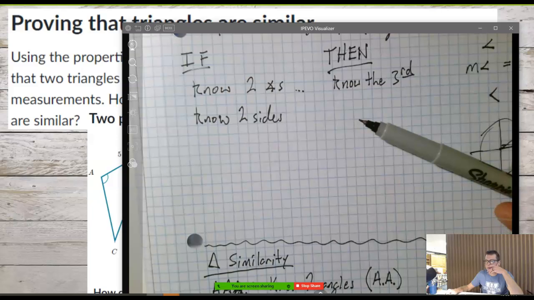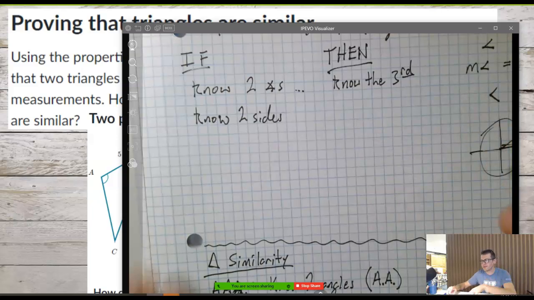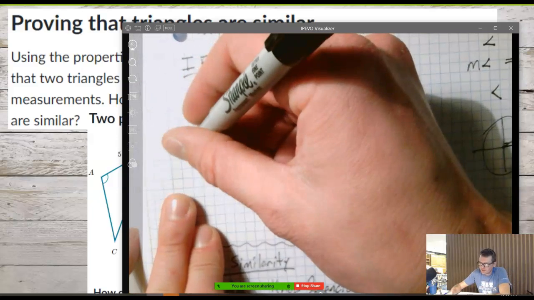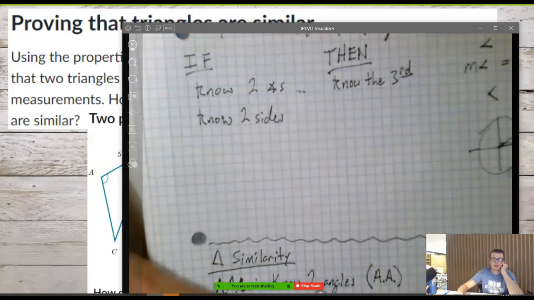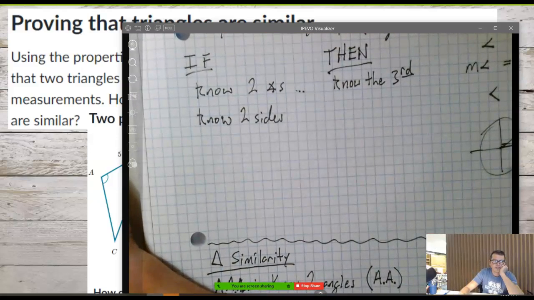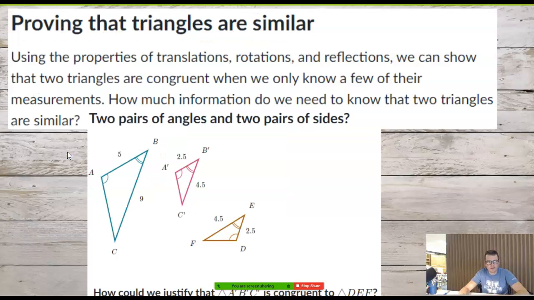What if we know 1 side, 1 angle? How convenient would that be? So here, we know 2 angles, 2 sides. We really know the third angle. We said angle, angle similarity can work here.